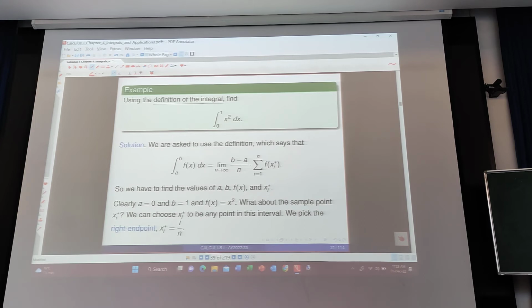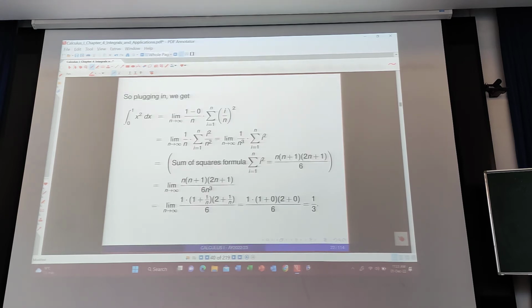So we already define everything for the function f(x) is x squared. And now, by definition, this is the limit of Riemann sum. Đấy, đây là definition. Integral này là limit của cái này.